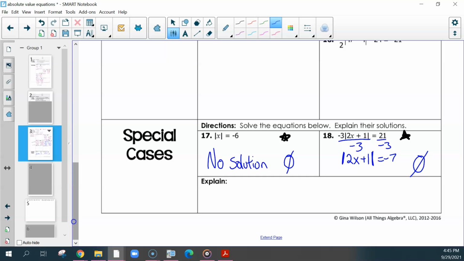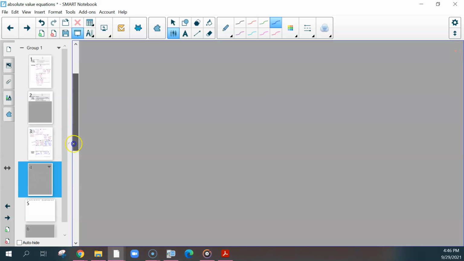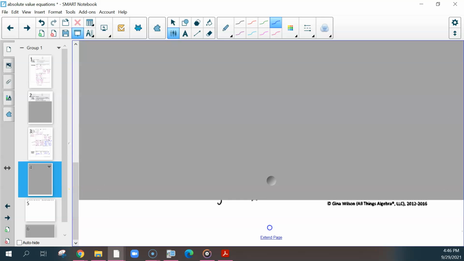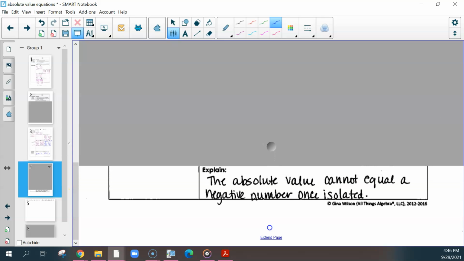So I'm going to go into the explanation part. The absolute value cannot equal a negative number once isolated, which is really what I said, but we can set it equal to a negative number because it does equal a negative number, but it can't start off with a negative. Just like when you're simplifying, it can't be negative. It's kind of the same thing.